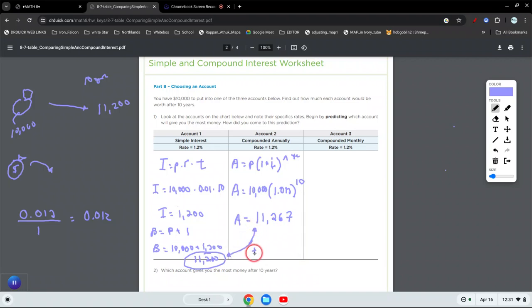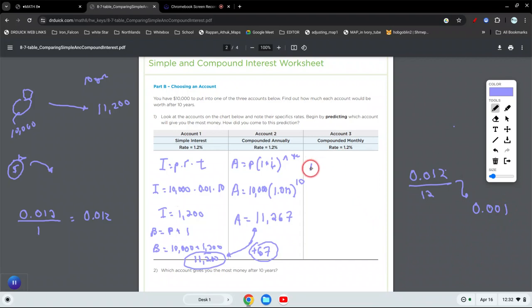Why? Because it's adding back my interest when it starts to do the work on this. That's kind of cool, right? So compounding is good. What happens if it's compounded monthly instead of once a year? You have to take that interest rate, 0.012, and now you divide it by 12. That's going to give us 0.001.